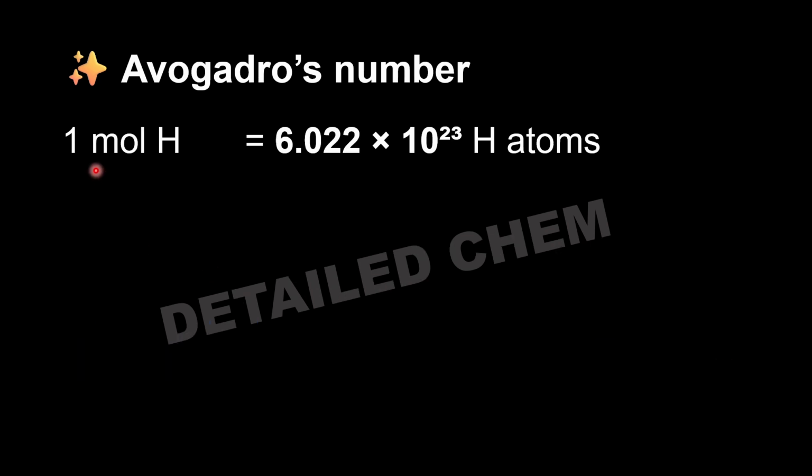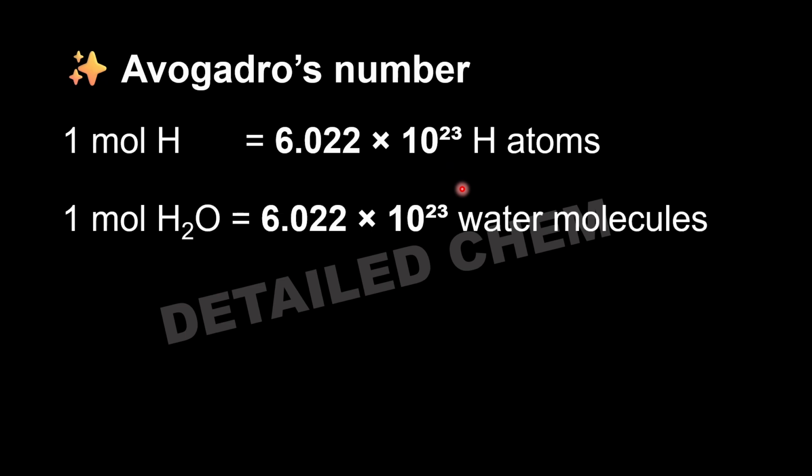For example, if we have 1 mole of hydrogen, we will have 6.022 times 10 to the power of 23 hydrogen atoms. And 1 mole of water has 6.022 times 10 to the power of 23 water molecules. We say atoms when represented by one element only, but if we say molecules, it is represented by more than one element, for example H2O.